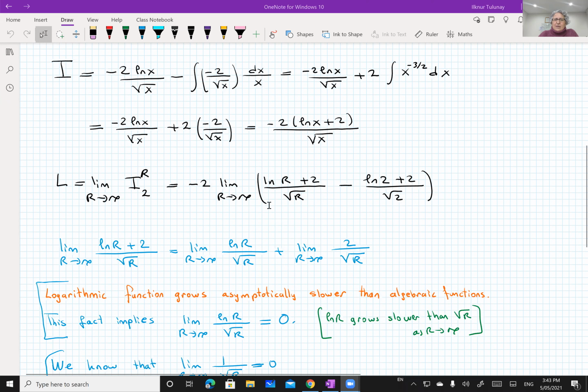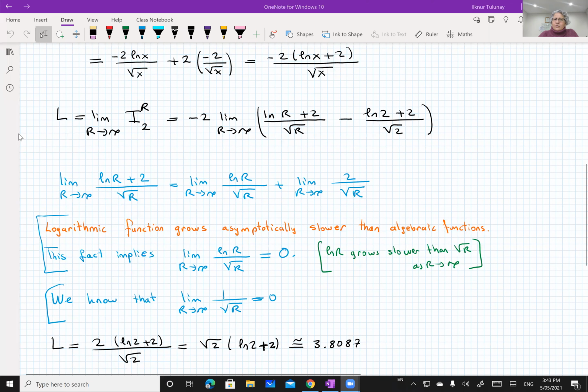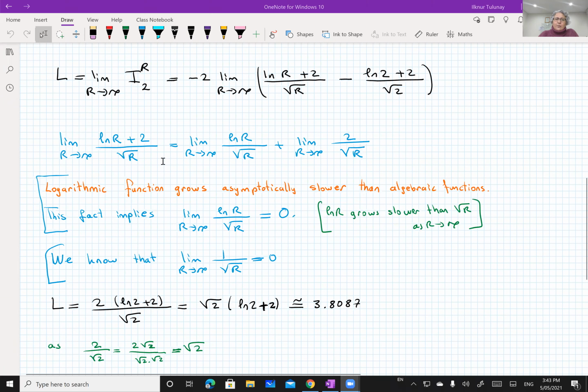Let's solve this limit by itself and then substitute it back. Limit as r goes to infinity, we can separate these two. Now, the logarithmic function grows asymptotically slower than algebraic functions. So this limit goes to 0. ln grows slower than root.